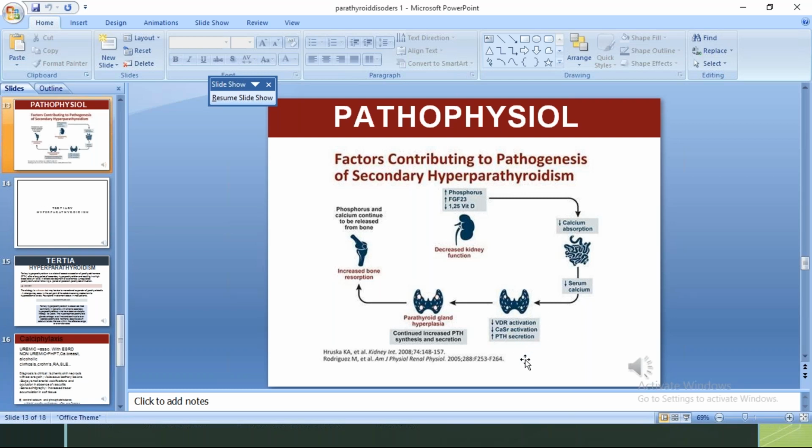So all these lead to increased parathyroid hormone secretion. These secondary changes cause glands to overfunction by parathyroid gland hyperplasia. If the gland becomes nodular, there will be decreased sensing of receptors and increased bone resorption. This cycle contributes to secondary hyperparathyroidism.